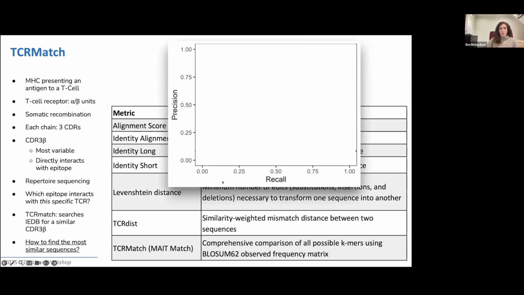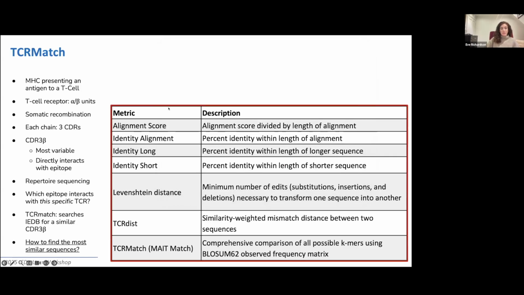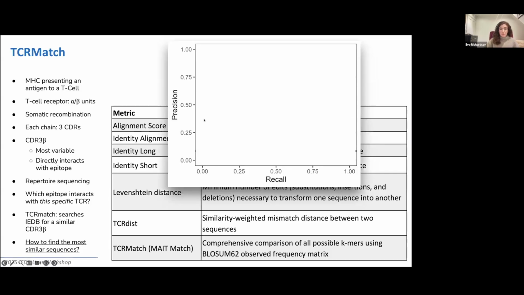Of course, when we make any kind of prediction, we're operating with a trade-off between precision, so making as few false positives as possible, and our recall or sensitivity. As you move along the recall space, you'll have a decline in precision, and that's the consideration to make when you decide how dissimilar a CDR3 beta can be and still use it in your prediction.